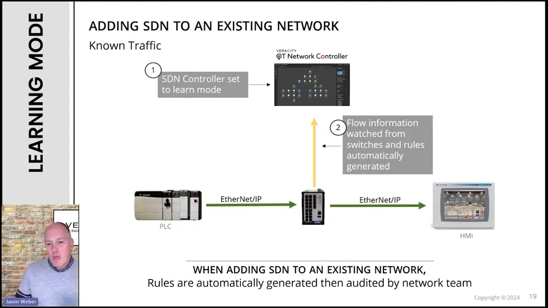The one thing we do recommend when using learning mode with an existing network is once you're done with that, go audit what you see. There is always junk traffic on every single network. Whether it be multicast stuff that's polluting it, or DLR beacons that are running rampant throughout the network, or we've seen devices in IT that are trying to ping down to the OT network for some reason that we just want to block.